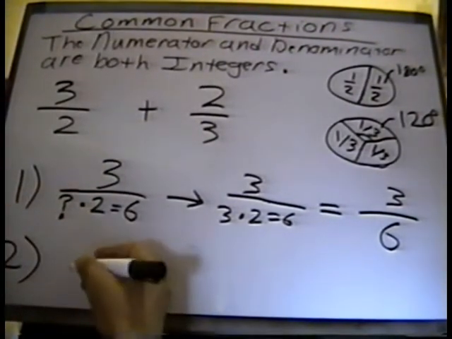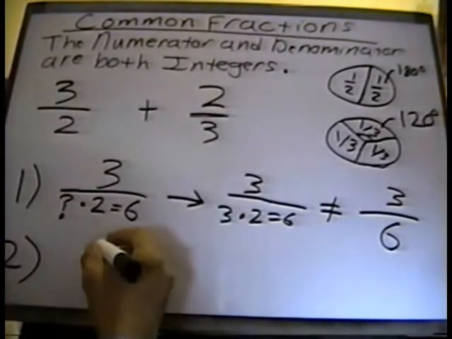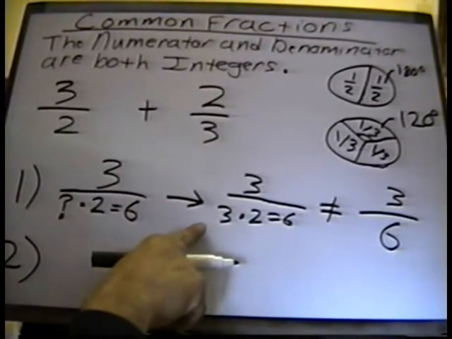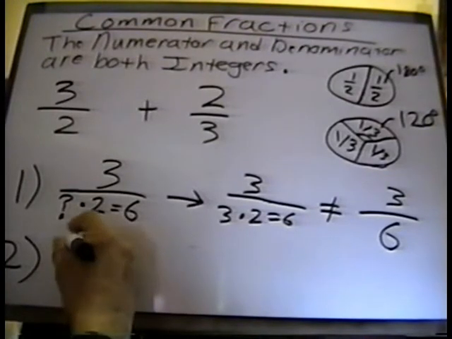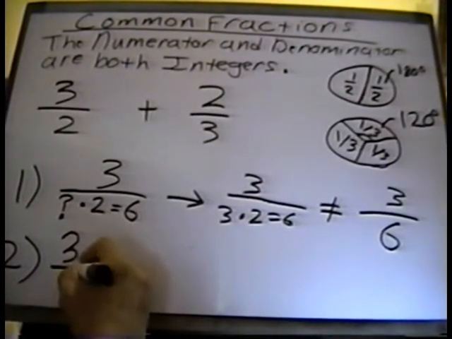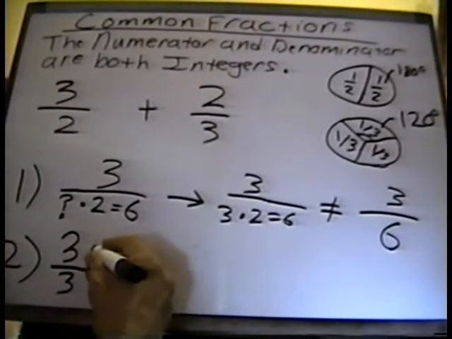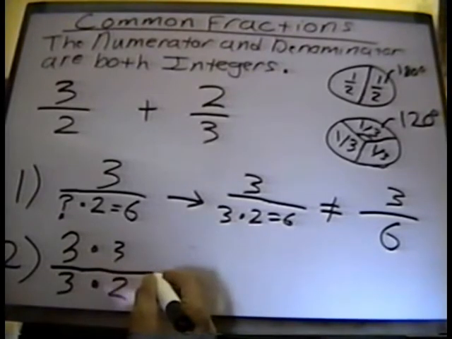So the second step to show you how we do this, and notice I just put an arrow. I'm not saying that that's what it's equal to. I'm showing you how to find it. So here we multiply both the numerator and the denominator by 3. Here we start off with 3 halves. We multiply both.